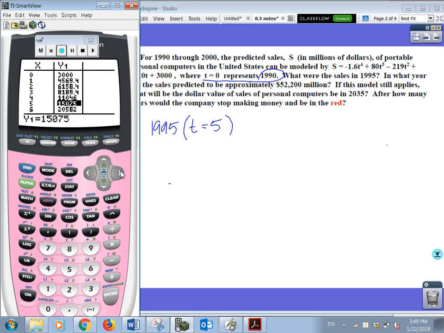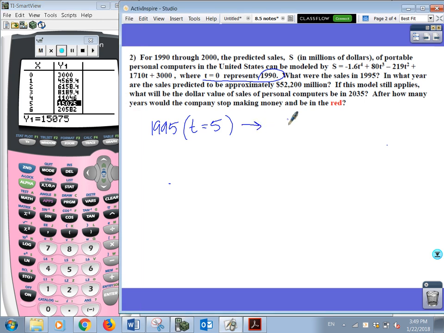The S is in millions of dollars. So therefore our first answer would be $15,075, and that would be million. So be sure to have that million word, or put the 6 zeros after it. Either one is fine, but you have to have million or 6 more zeros.